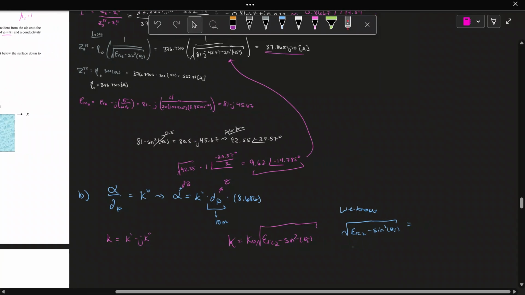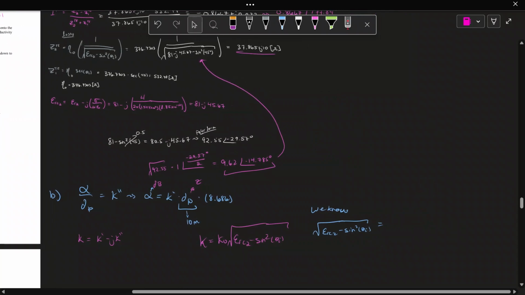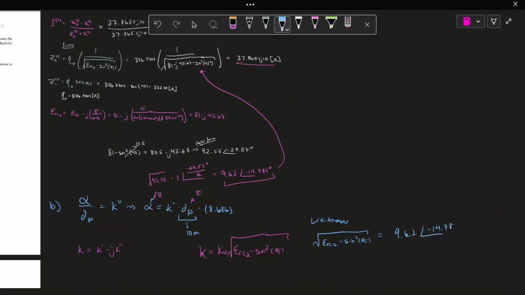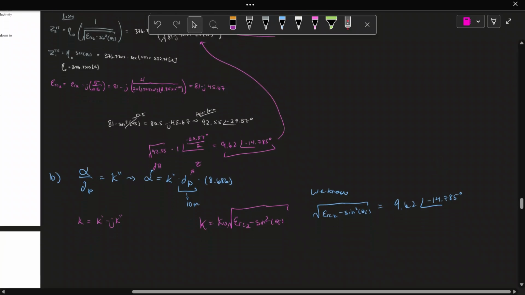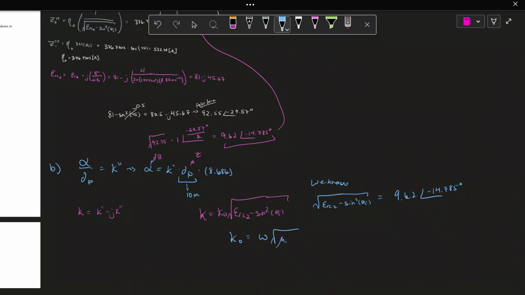Well, what is that? That's equal to, let me see, 9.62 angle negative 14.785 degrees. And then what is K0? Well, K0 is going to be equal to omega times the square root of mu naught times epsilon naught.